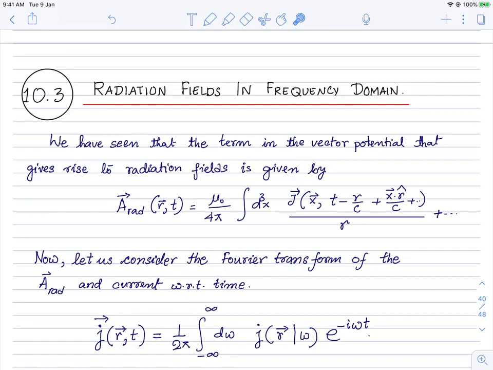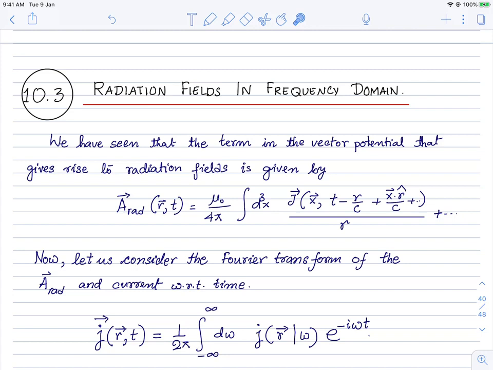In real situations, the oscillations are not typically monochromatic, and they can have a combination of frequencies. In such a situation, it is very useful to consider the Fourier transform of the fields. It makes the calculation much easier to work in the so-called frequency domain, with Fourier transforms rather than the fields as functions of time.